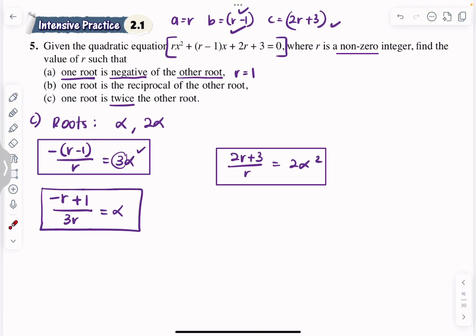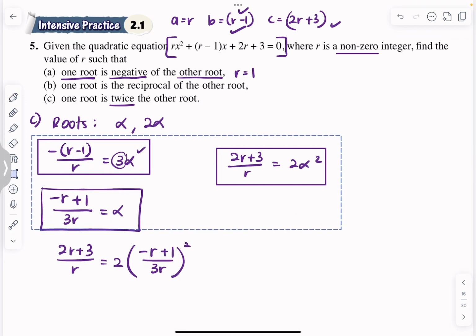We can sub this alpha into here. Okay, let's try. So 2r plus 3 over r will equal to 2 alpha square. So negative r plus 1 over 3r square. Okay, delete all this first.